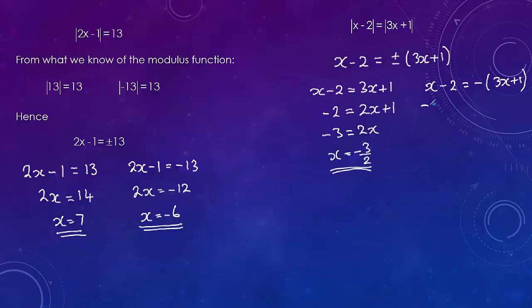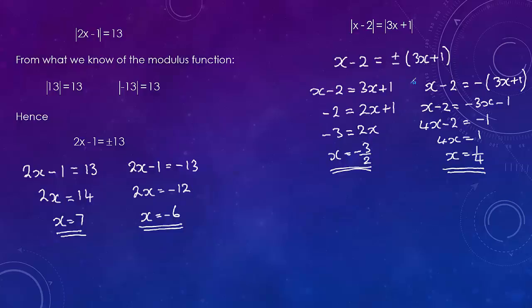Coming over here, x - 2 is going to be -3x - 1. So add 3x to both sides and we get 4x - 2 = -1. And then add 2 to both sides and 4x = 1. And therefore x is a quarter.